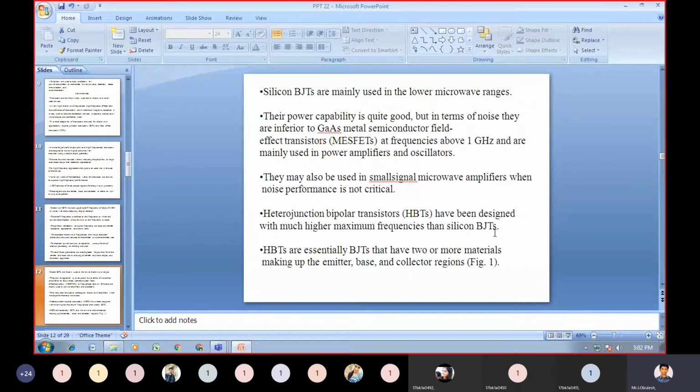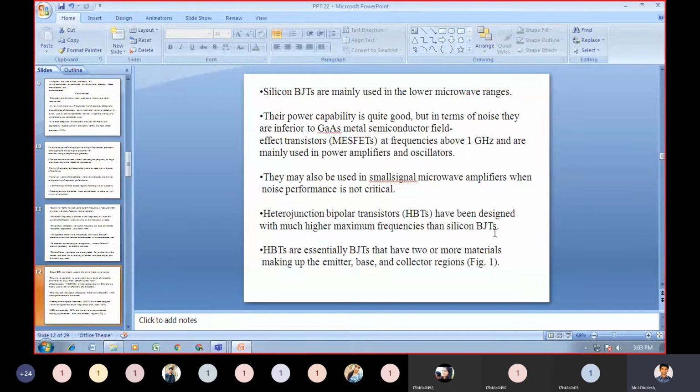They are mainly used in power amplifiers and oscillators. They may also be used in small signal microwave amplifiers when noise performance is not critical.